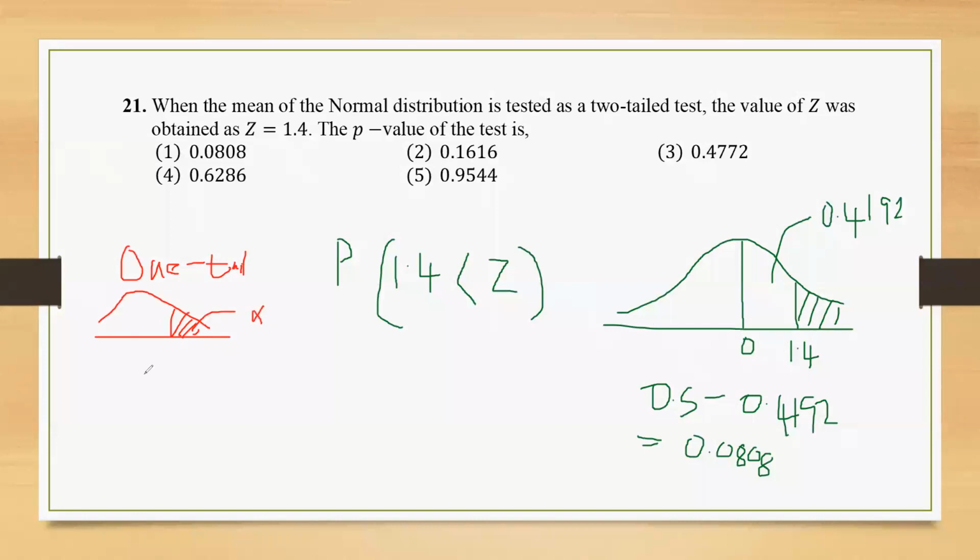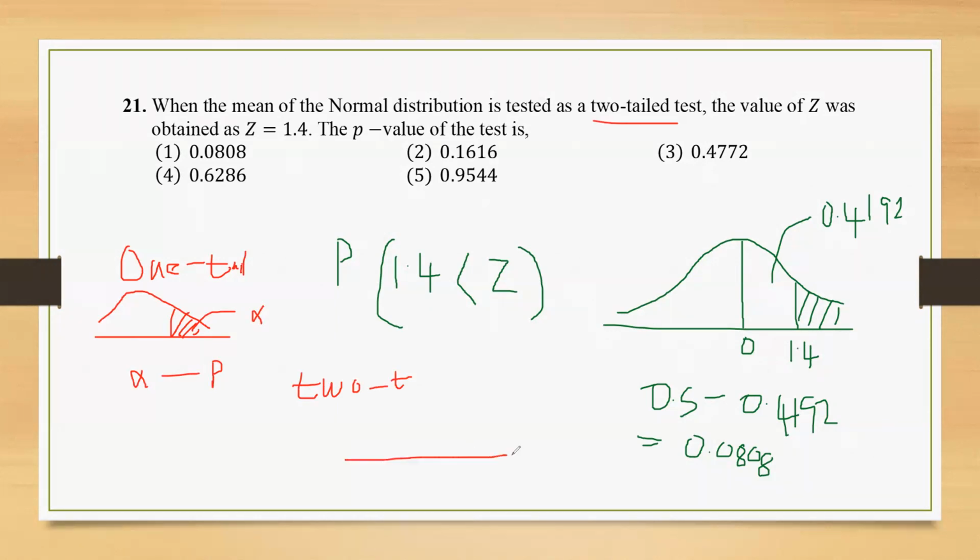Then you compare the alpha with the p-value as it is, if your hypothesis test is a one-tail test. But if you are going to do a two-tail test, this is very important.